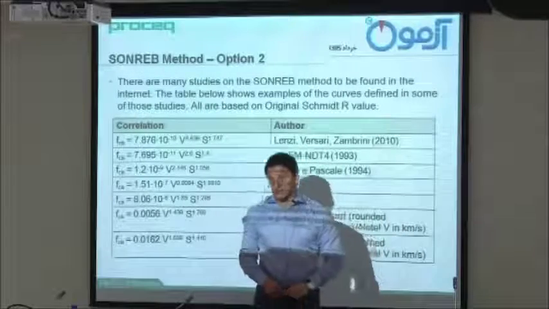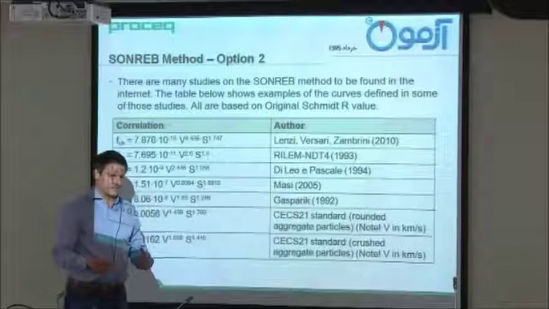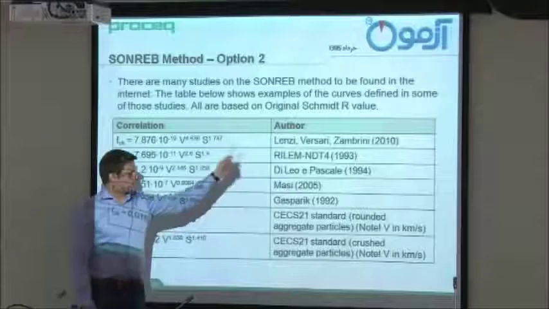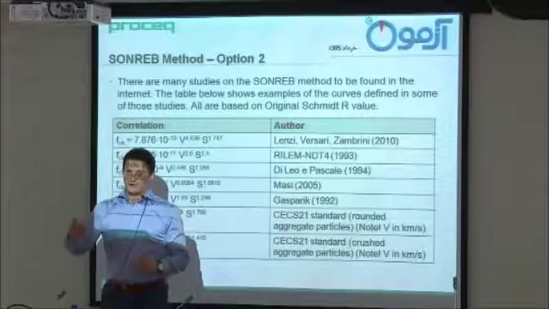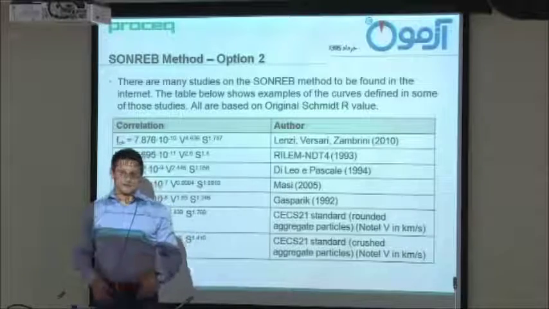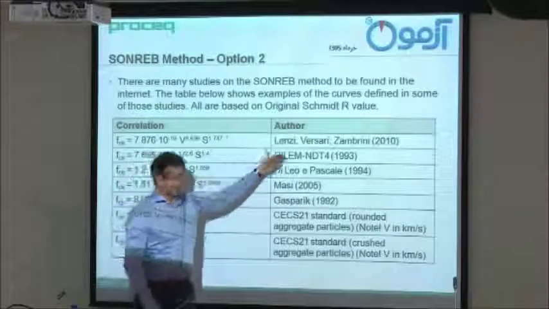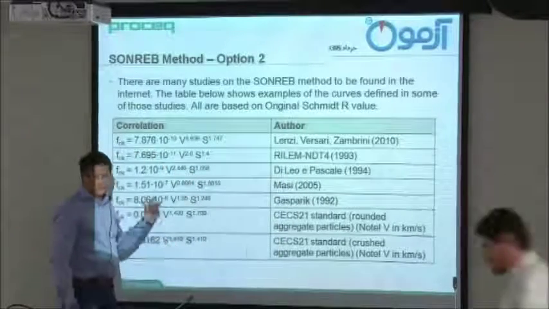Option two, I would say you should always start with this. Why? Those curves and formulas have a lot of experience behind them. So if you start the first time, just use one of them, or you can Google them, and then you get all the values.